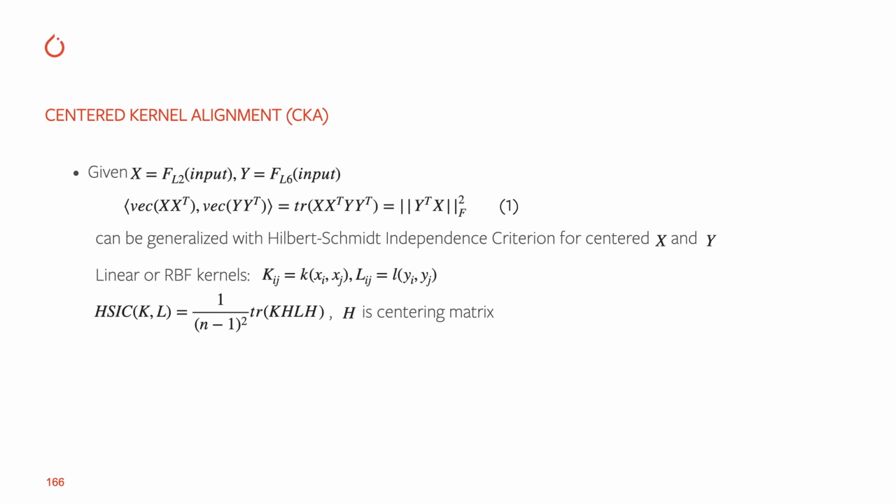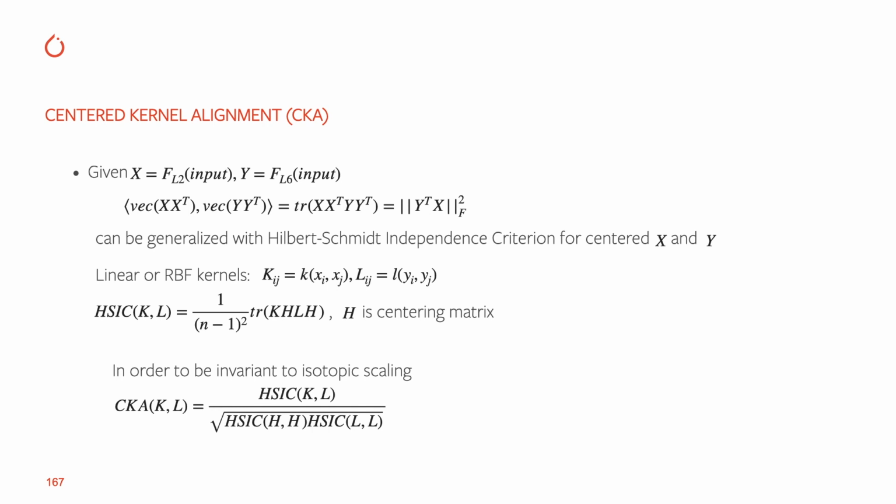Equation 1 can be further generalized with the Hilbert-Schmidt independence criterion for centered X and Y and redefined through linear or RBF kernel functions. In order to compute the final CKA score, we normalize it, and this helps us to have invariance to isotropic scaling.